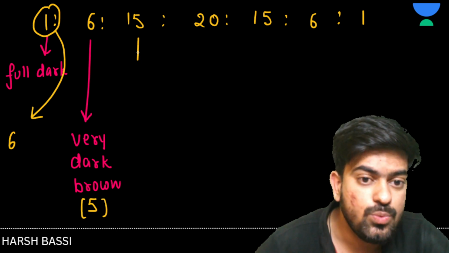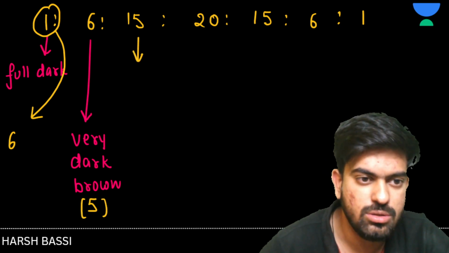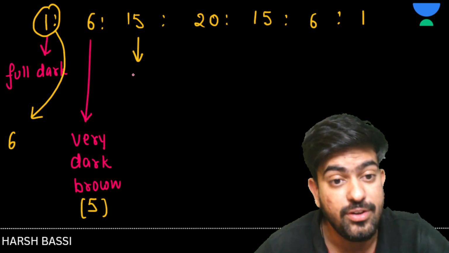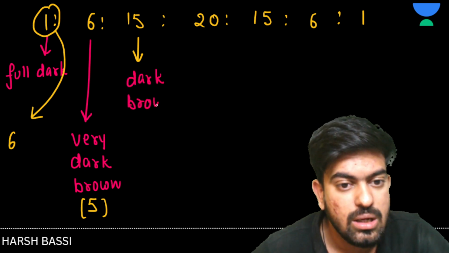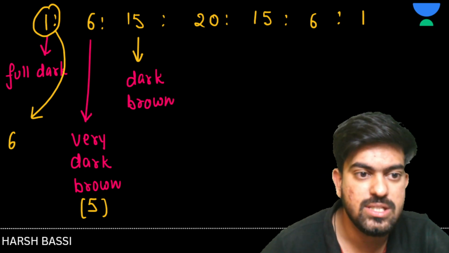If I talk about the next one, the phenotype is dark brown, and the number of dominant alleles present here is 5.